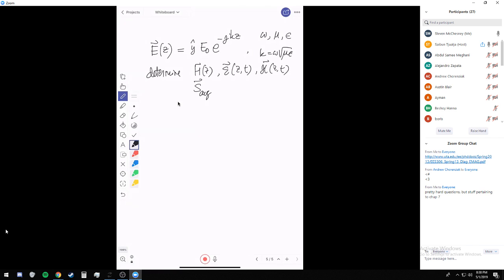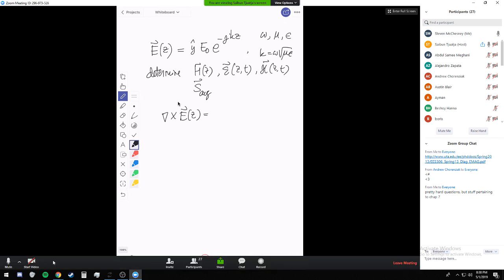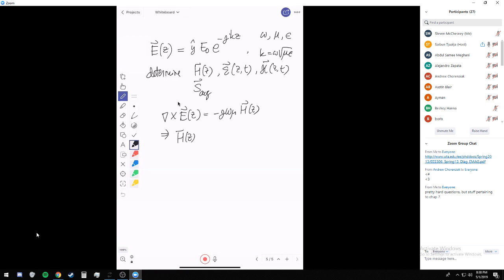Well, how do we find H? We know that curl of E for time harmonic, function of z, equals negative j omega mu H. Therefore, I can solve for H of z equal to 1 over minus j omega mu times the curl of E as a function of z. These are all given.